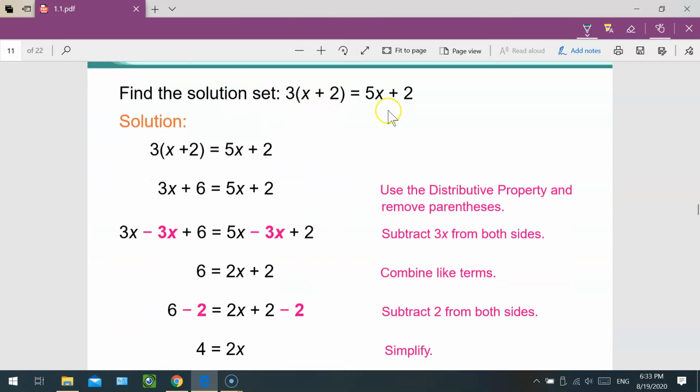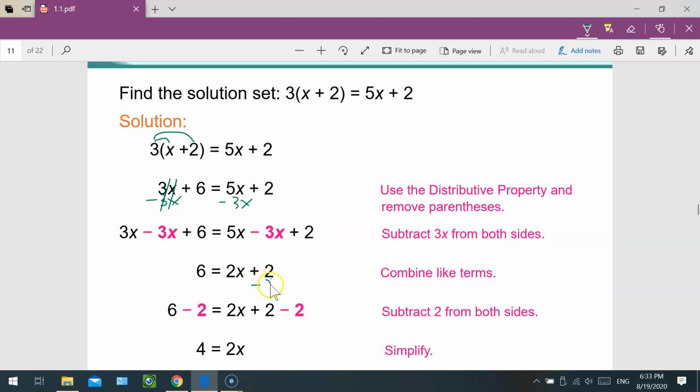Most of the cases, you will see this type of equation. In this equation, you have x on each side. So you can distribute the 3 and the 2 as well. When I multiply 3 with x, you get 3x plus 6 equals 5x plus 2. Now, subtract the 3x on each side, and you will have 6 equals 2x plus 2.